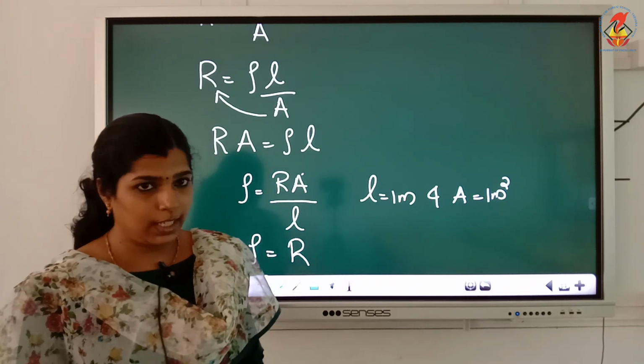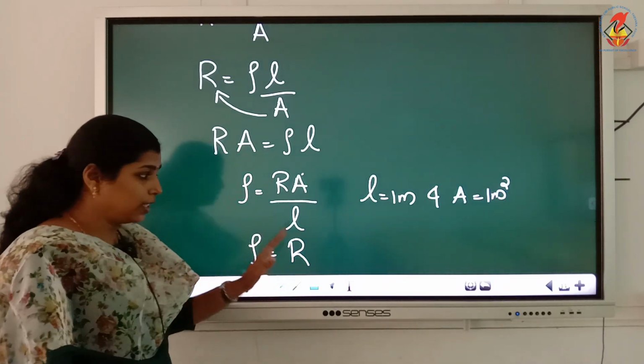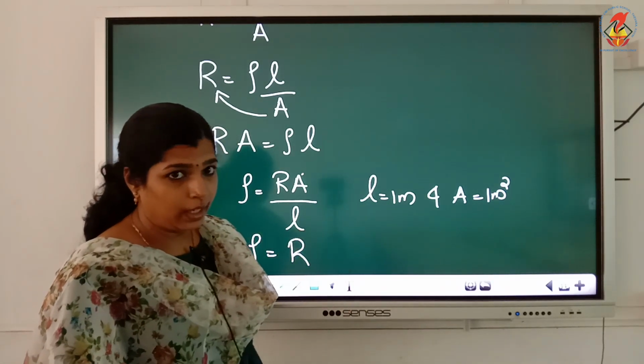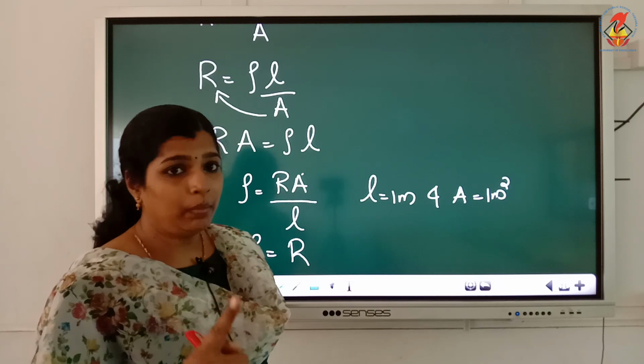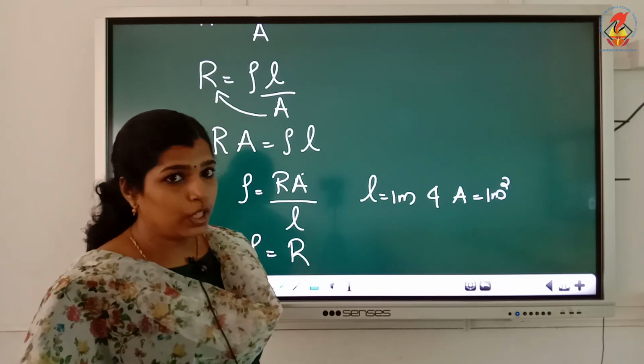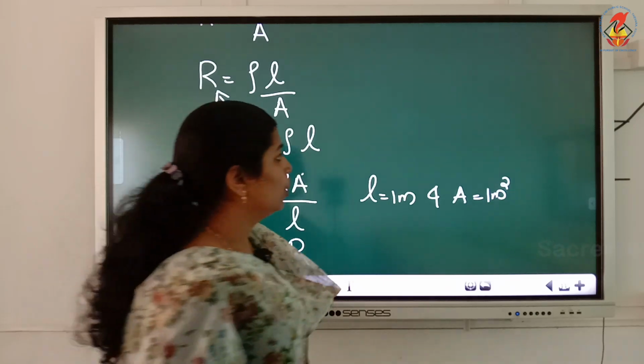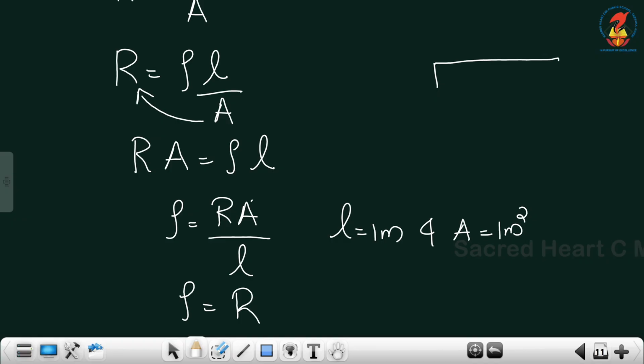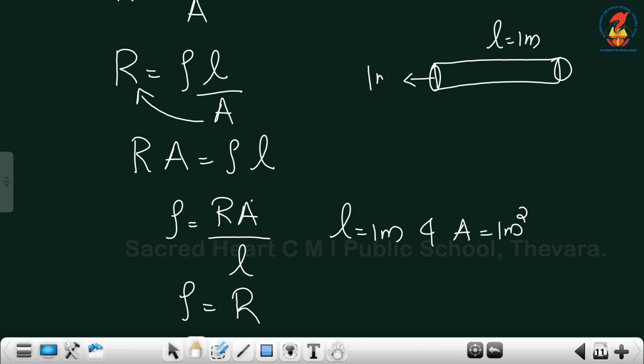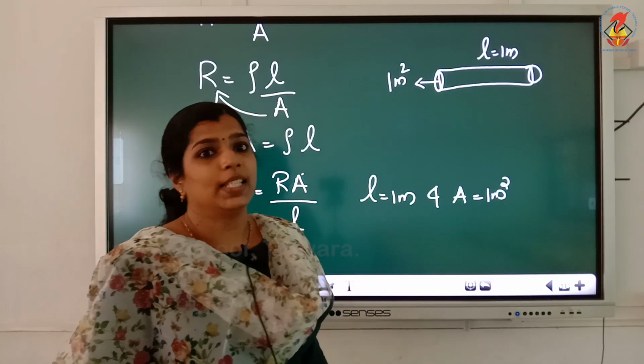So, if a conductor has a length L equal to 1 meter and an area of cross section of 1 meter square, then that resistance is known as resistivity.